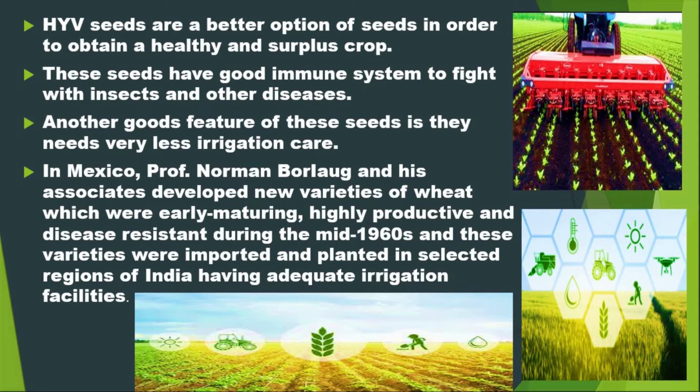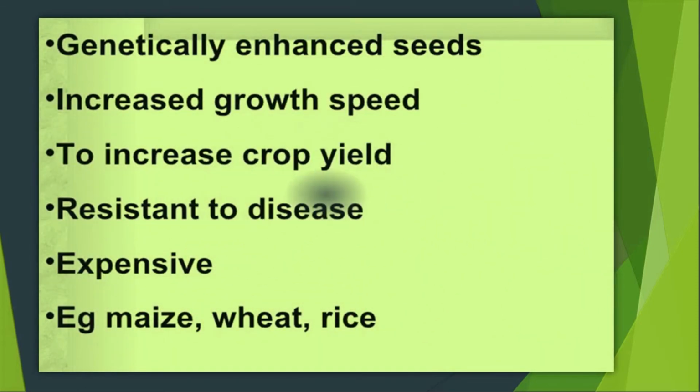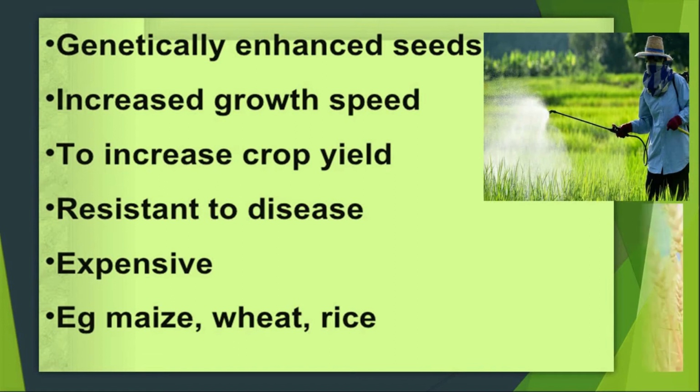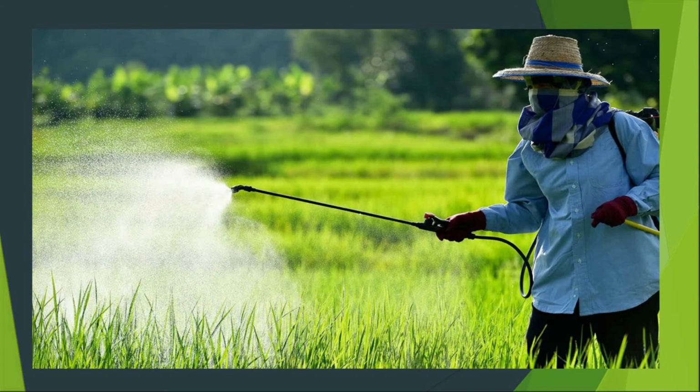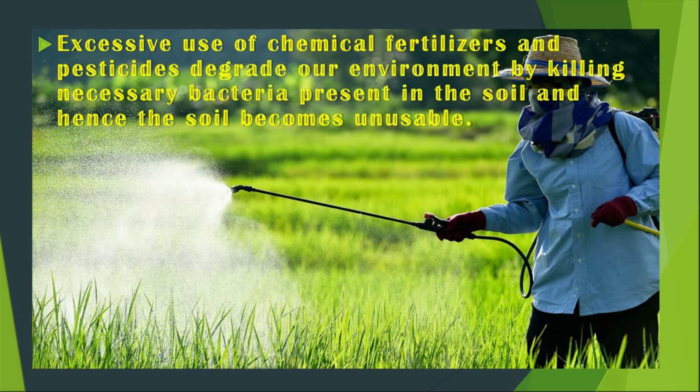So, HYV seeds are the main thing used in the Green Revolution because these are genetically enhanced seeds that increase growth speed and crop yield, and are resistant to disease, though expensive, etc. Examples of these types of seeds are maize, rice, wheat, etc. High yielding varieties of wheat depend crucially on the availability of fertilizers, adequate water supply, pesticides and insecticides.